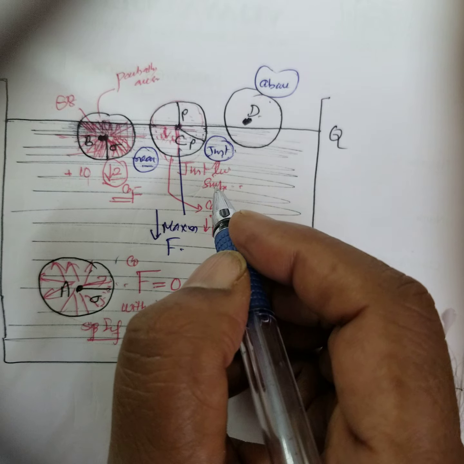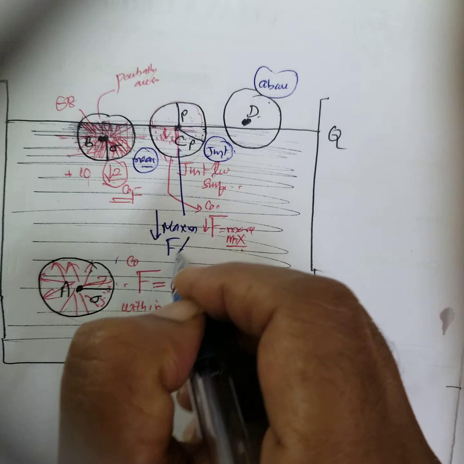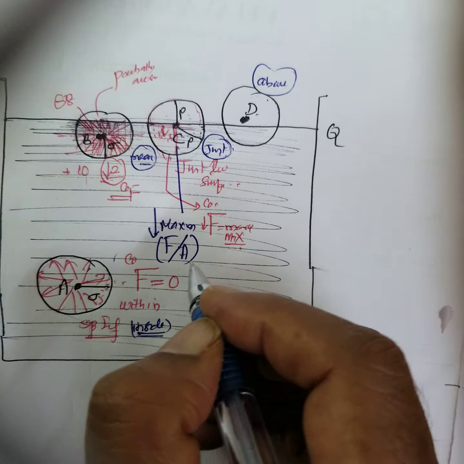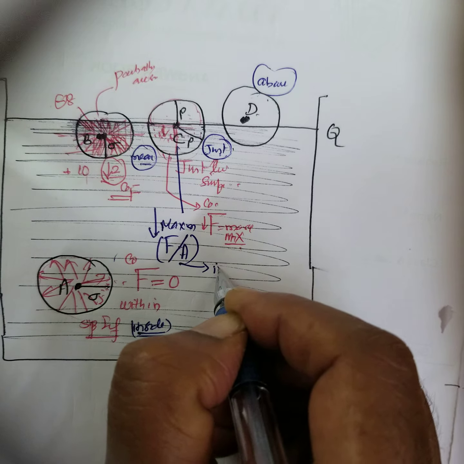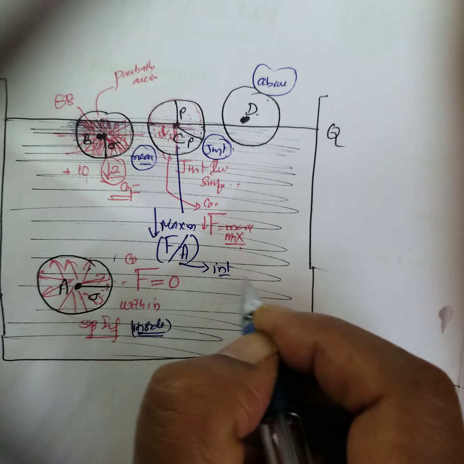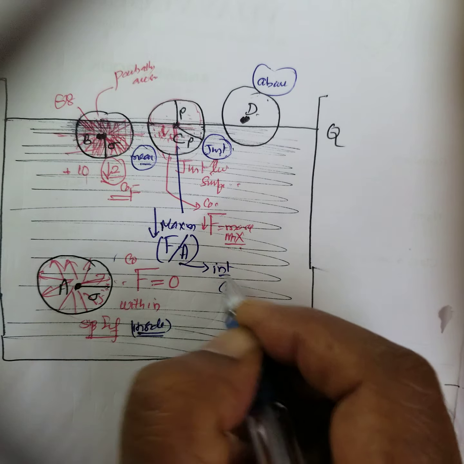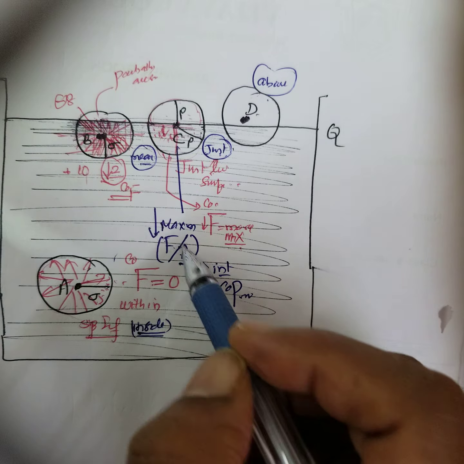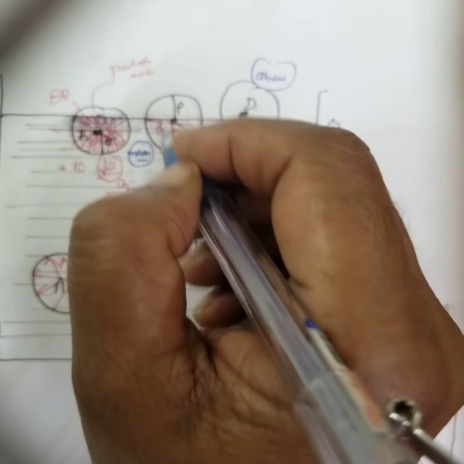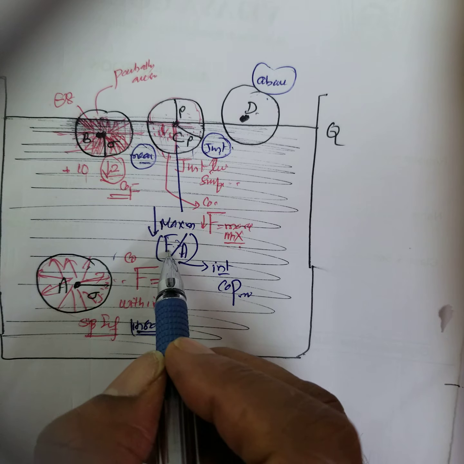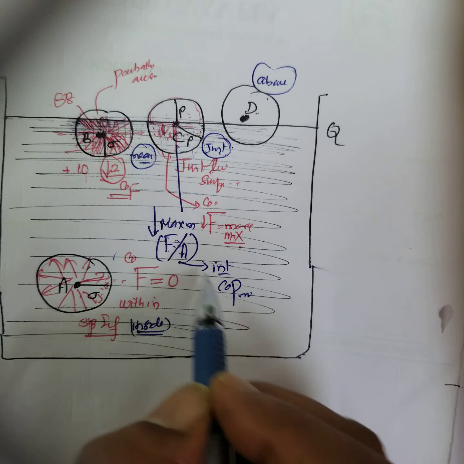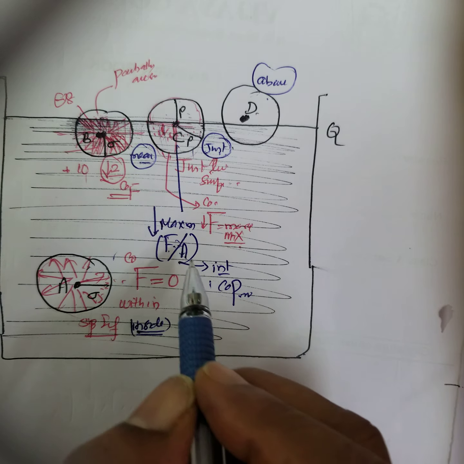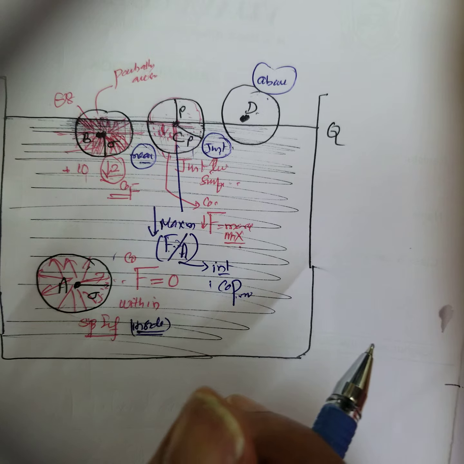The downward force exerted per unit area is called intrinsic or internal or cohesive pressure. Force per unit area is called cohesive pressure. The cohesive pressure will be more. Inward, downward force per unit area is called pressure, is it not? Therefore, it is called intrinsic pressure or internal pressure or intrinsic cohesive pressure.